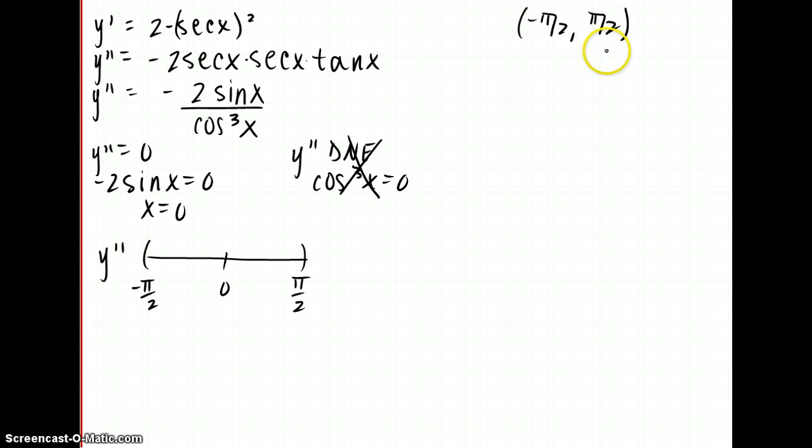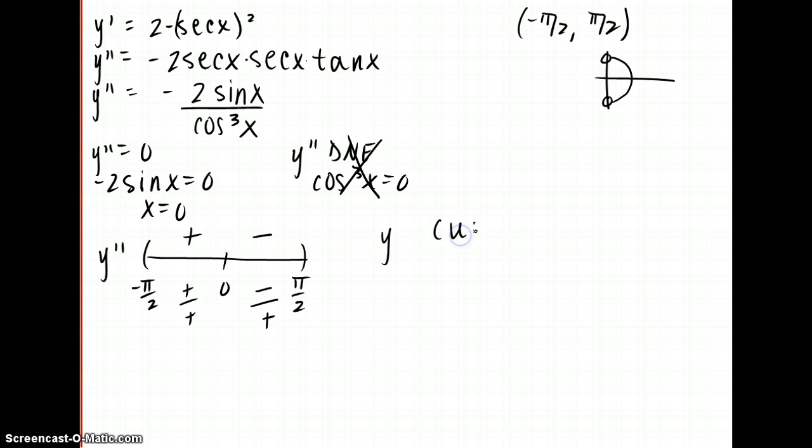Okay, in the fourth quadrant, so negative pi over 2 to 0, the sine is negative and the cosine is positive, so it would give us a positive numerator and a positive denominator. In the first quadrant, sine is positive, so it would keep the numerator negative and the denominator positive.